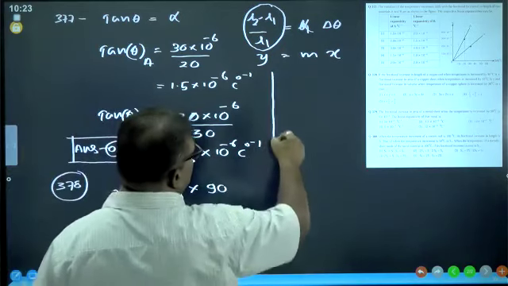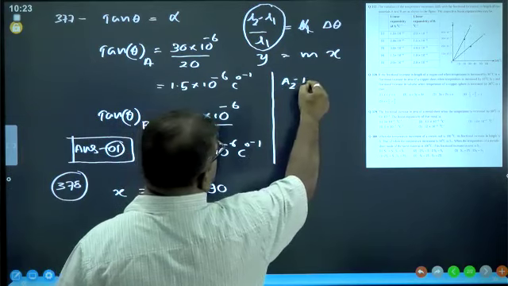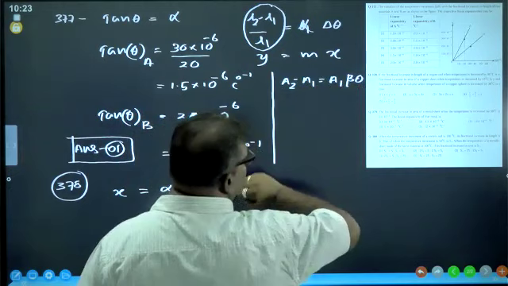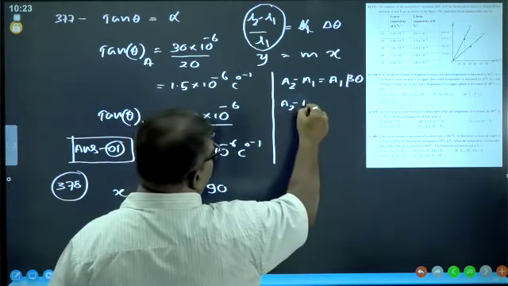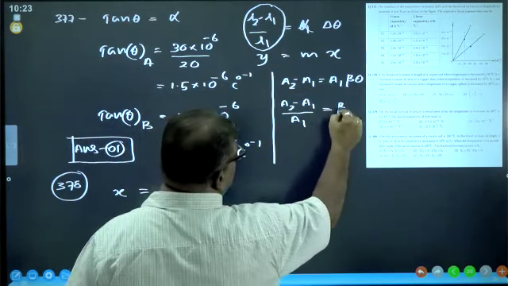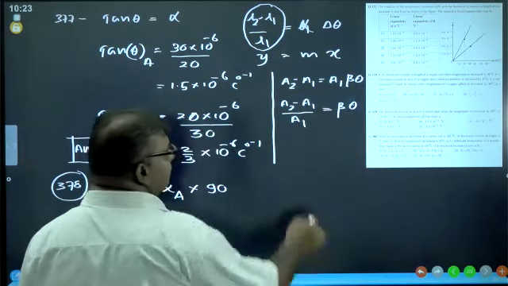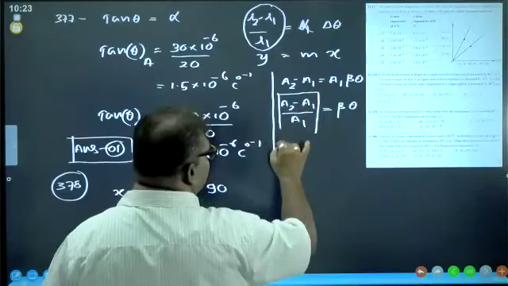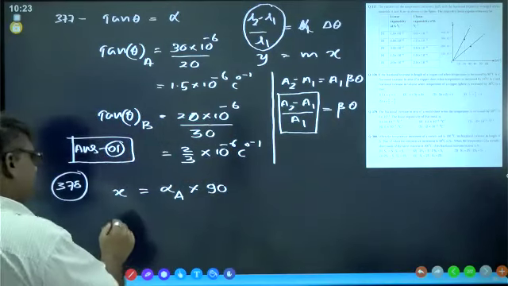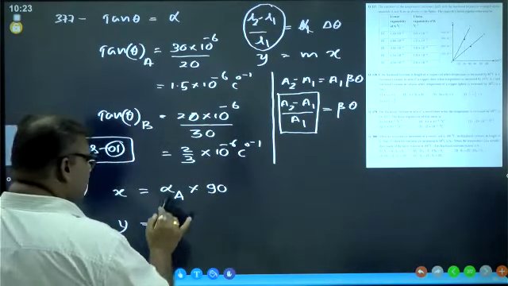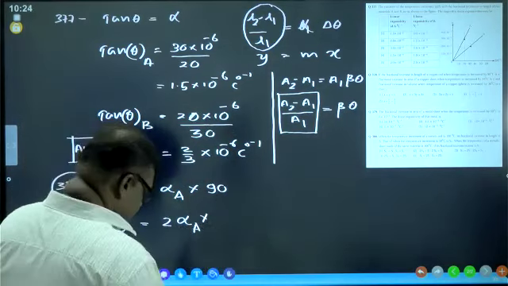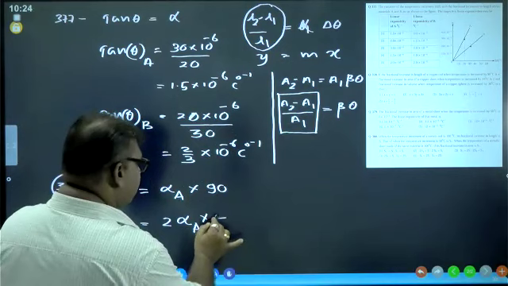Then we have A2 minus A1 equals A1 beta theta, theta the temperature difference. Fractional change of area over A1 equals beta theta, right? Fractional change of area is this one. It is written as beta theta. We can say y equals twice alpha copper A into the temperature difference, 45.